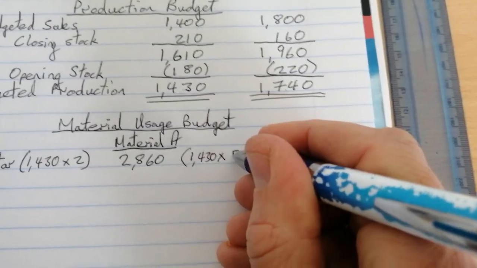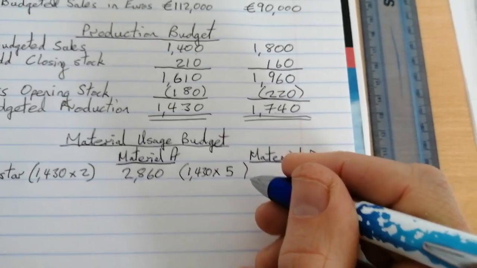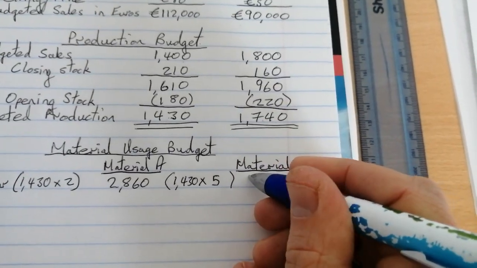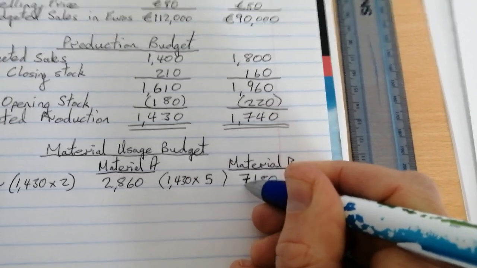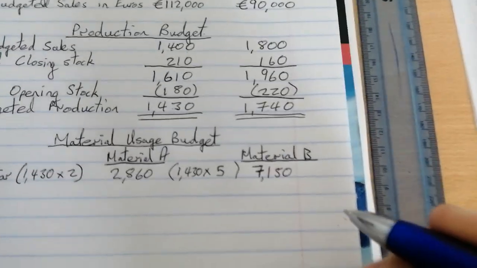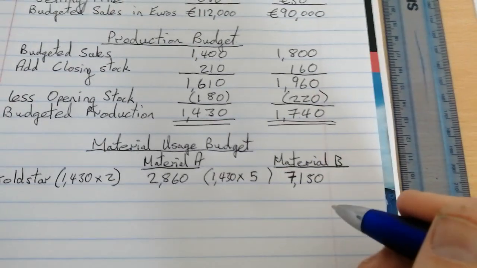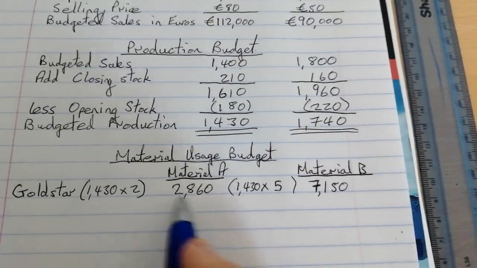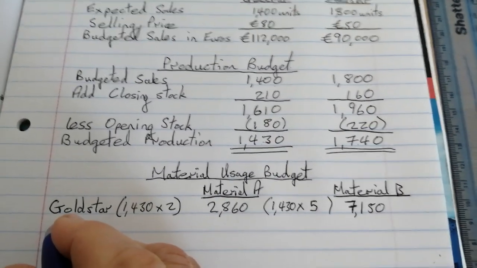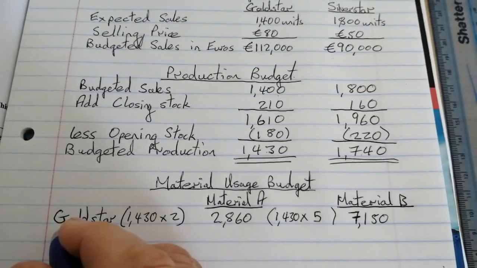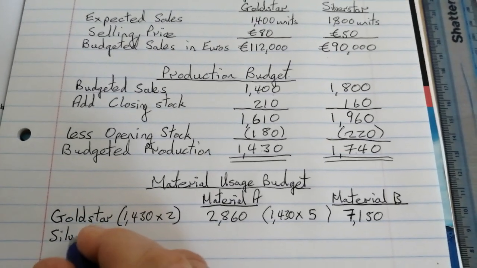So I'll multiply that by 5, and give me a moment with this. That's 7,150, I would say. Okay, you might double check my figures afterwards, just in case. Okay, so that's all of the material A and the material B you'll need in grams to produce all the gold stars you need. So now we want to see what materials we need for the silver stars.